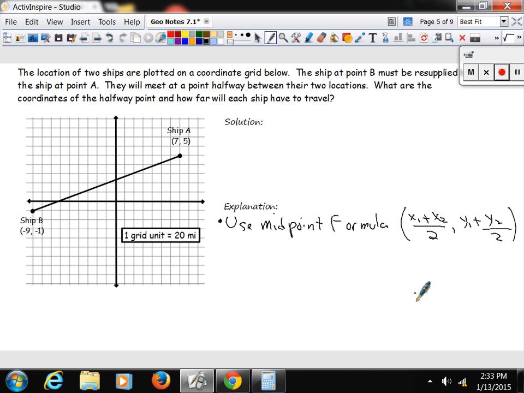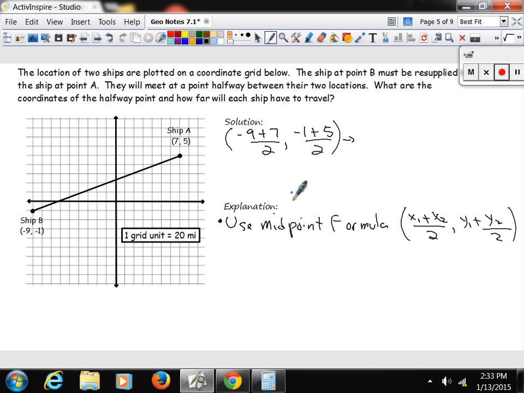So let's find that first. If I'm using that formula, my x1 is negative 9, if I'm working across my graph. Negative 9 and a positive 7. So negative 9 plus 7 divided by 2. The y's: negative 1 is the first y, 5 is the second y. Negative 1 plus 5 over 2.